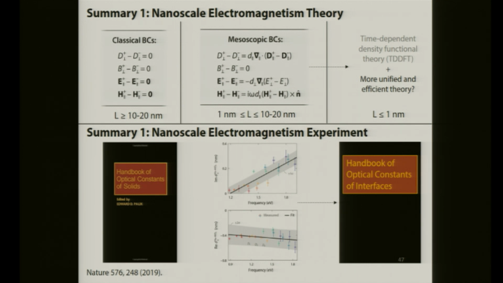And we hope that the experiment can inspire measurement of the d parameters of other interfaces, eventually leading to a compilation of a handbook of optical constants of interfaces that's complementary to the Palik book that people use day to day. I also hope that these measurements could be helpful for various nanoscale devices in both optics and electronics.